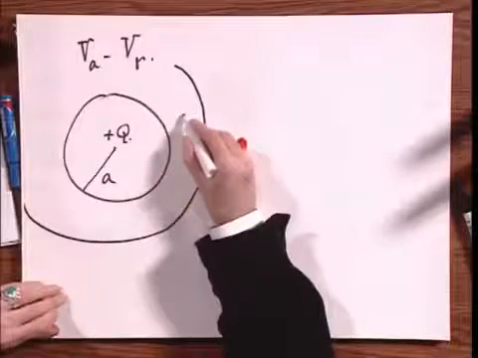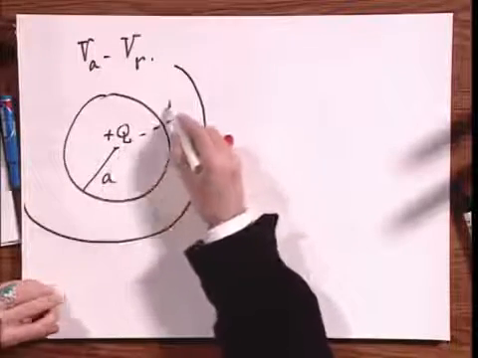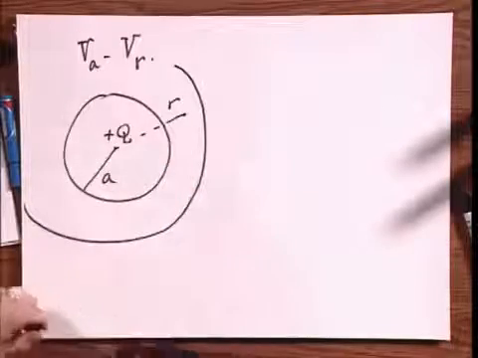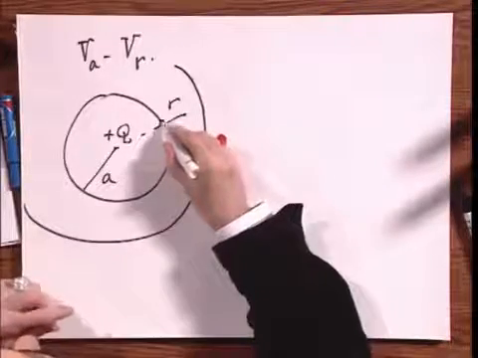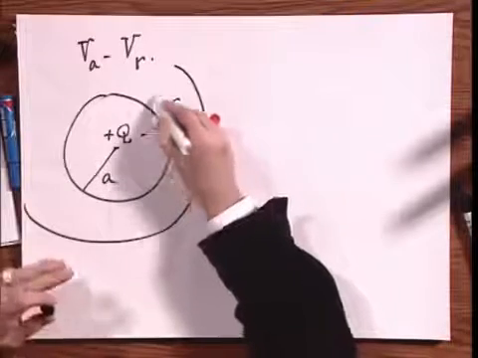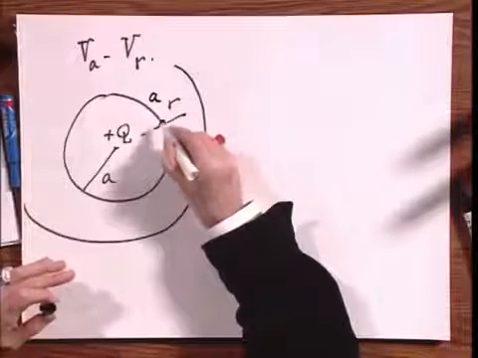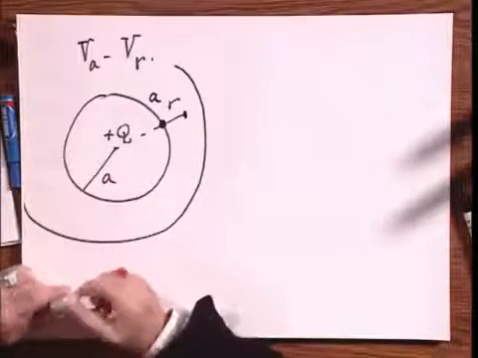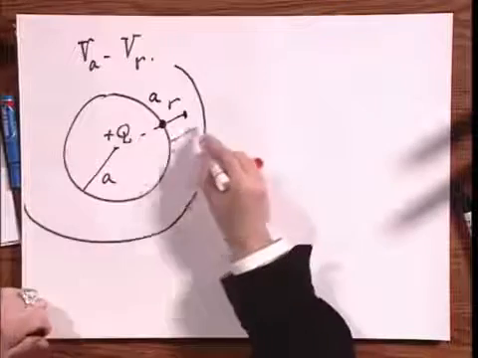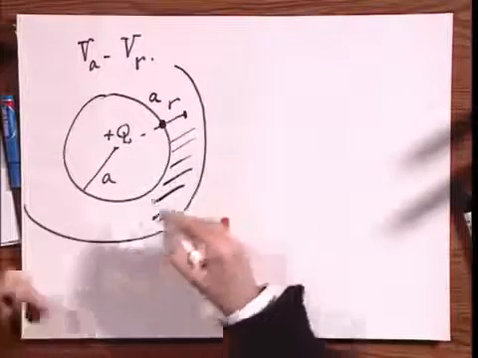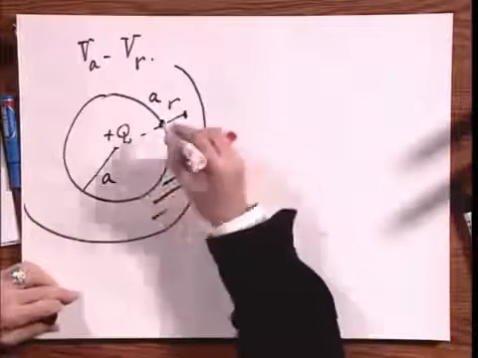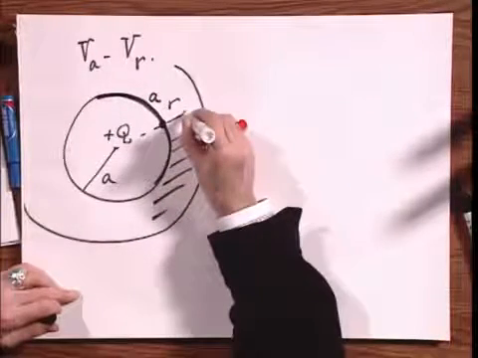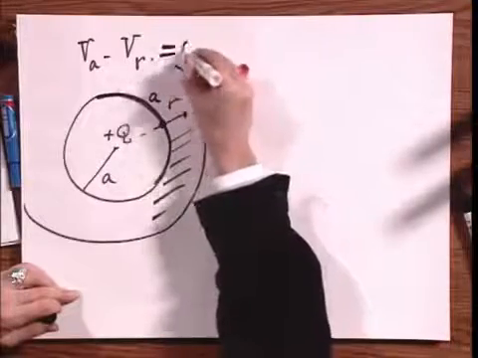Let's call this R. So what is the potential difference between, no, this is not what I meant. I meant this point to be A. My shorthand notation is this point A, potential difference with this point R. Well, this is a metal, so there is no electric field. So the potential difference between the surface of the inner cavity and any point in the metal equals 0.